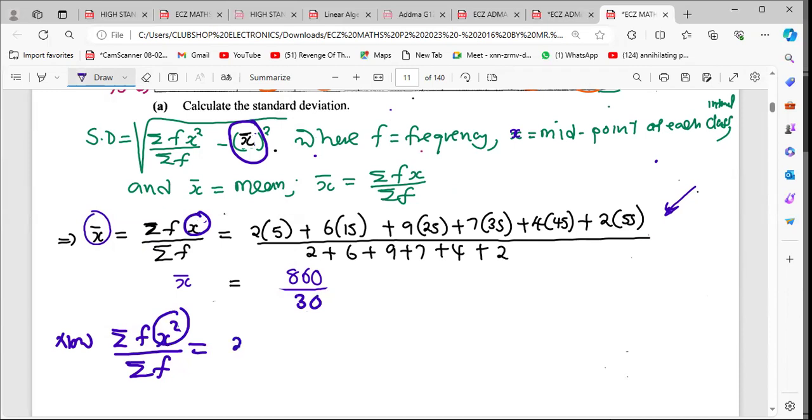Where there is 5, we say 5 power 2. On these brackets, we introduce power 2. That is the only difference. Is that okay? Everything will be maintained, but just power 2.